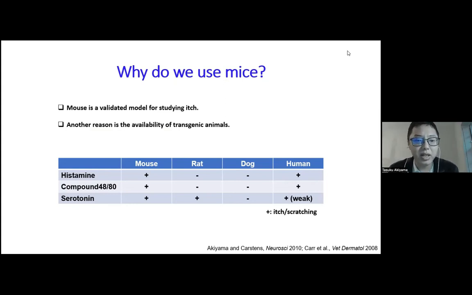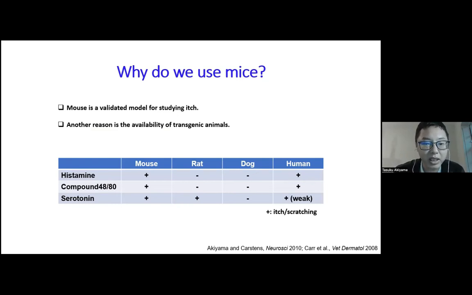In this table, I show three itch-inducing chemicals: histamine, compound 48/80, which is a mast cell degranulator, and serotonin, which is another inflammatory mediator. All of those three chemicals can induce itch in humans. When we inject those chemicals into the mouse back intradermally, the mouse shows scratching using the hind paw.